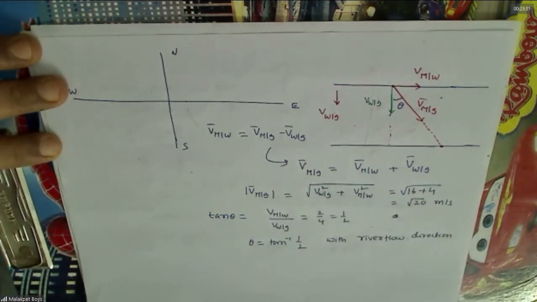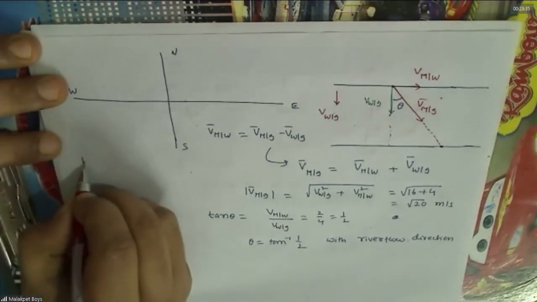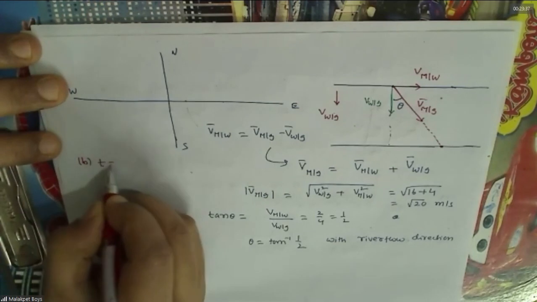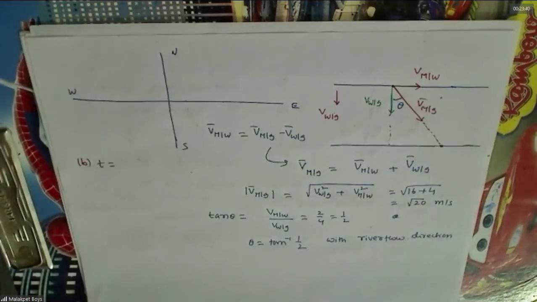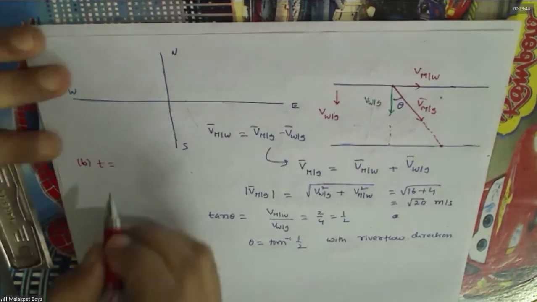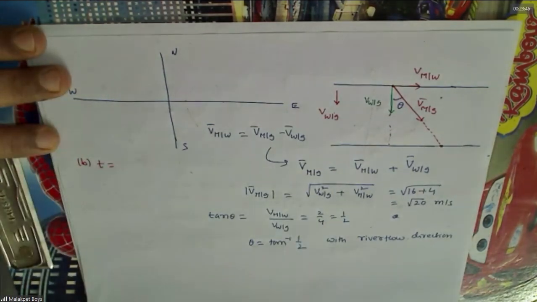Okay. What is the next one? Time taken is the same, 3 minutes 20. Time taken, the width of the river is here, 800 meters.